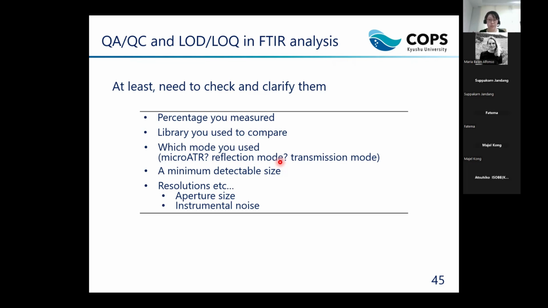So you had better mention what kind of library you used. And I already mentioned which mode you use, for example, micro ATR, just ATR, reflection mode, transmission mode. It helps your paper readers to know the limitation of your technique. And also the minimum detectable size. You can check by yourself and it is better to report it, for example, aperture size or instrumental noise, something like that.